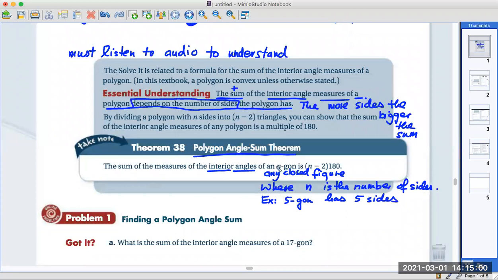Okay, so this little formula here says that to find the sum, this is all important, so make sure you write this and look at it. Subtract 2 from the number of sides, and then multiply by 180.